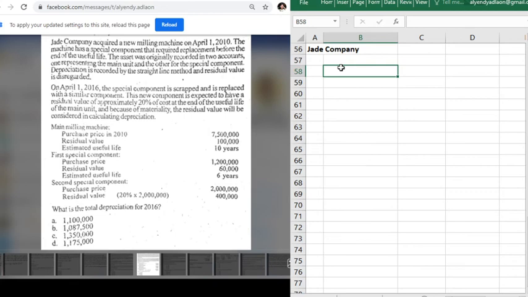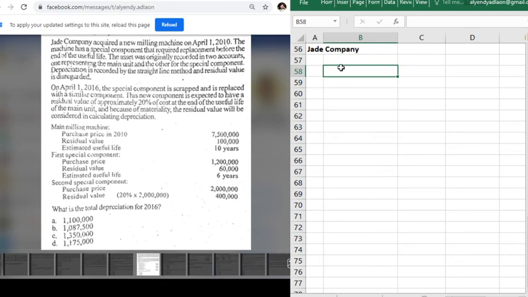Okay, first we have the main milling machine purchased in 2010, residual value 100, estimated useful life is 10 years. For the first special component, we have a purchase price of 1,200,000, residual value of 60,000, and estimated useful life of 6 years. And for the second component, we have a purchase price of 2,000,000 and residual value of 20% of the cost, so that is 400,000.